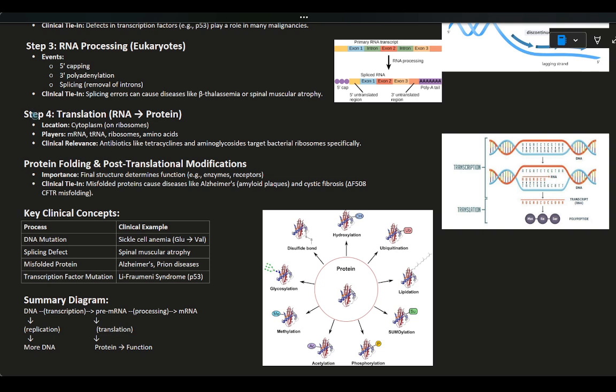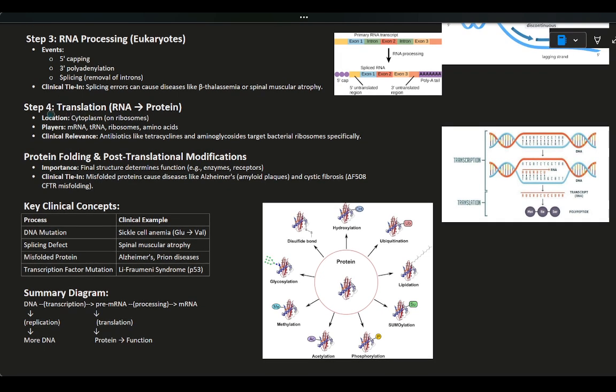Alright, the fourth step is translation, where RNA is translated into your protein product. This time, this step occurs in the cytoplasm, not the nucleus. Specifically, it occurs at the ribosomes in the cell.